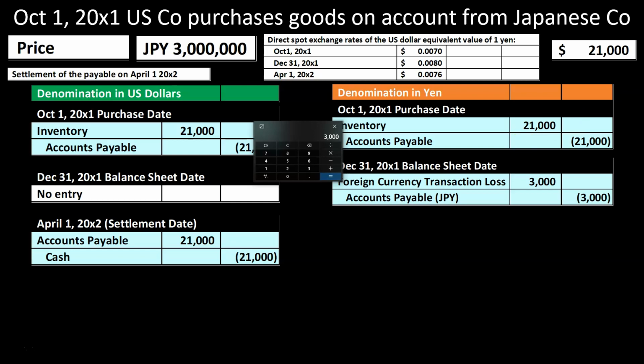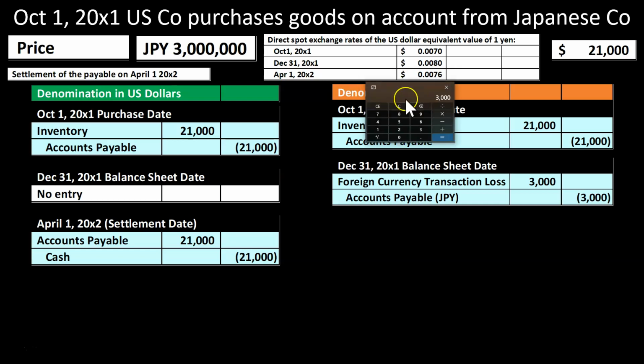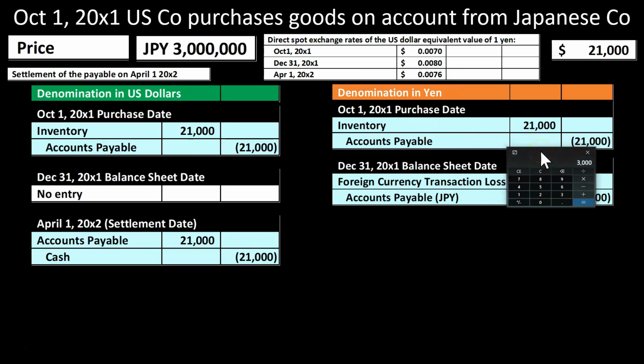That $3,000 difference is going to be a loss. And why is it going to be a loss? Well, because before, 1 yen was worth $0.007, and now 1 yen is worth $0.008. Therefore, the yen has gotten stronger. There's more dollars to the yen, right? The yen is worth more dollars. So the yen has gotten stronger, but we're going to be making a payment in yen in the future, right?